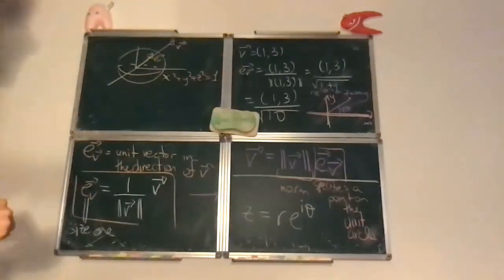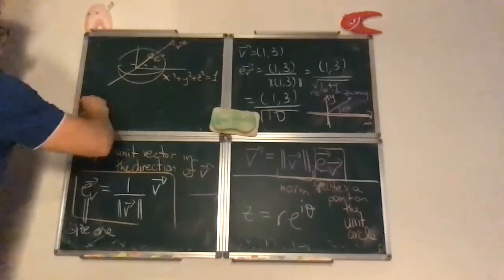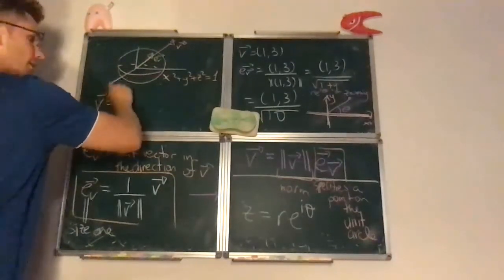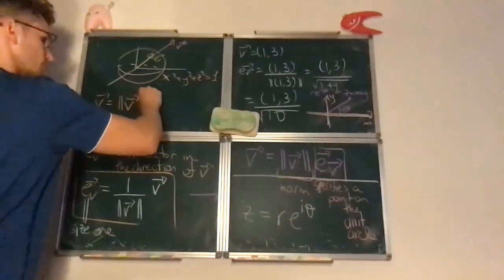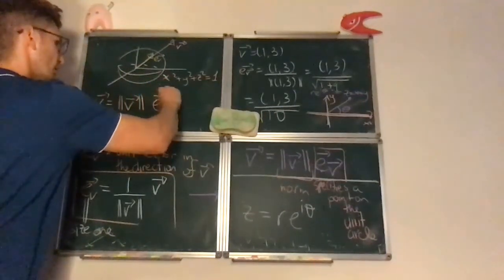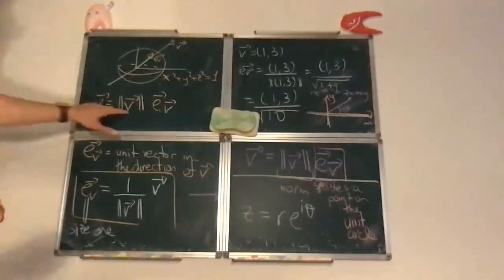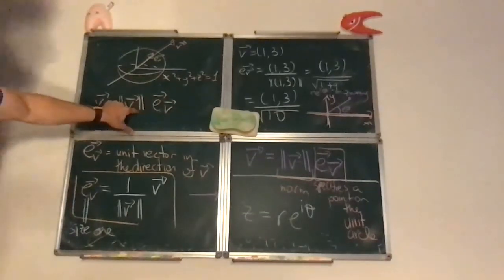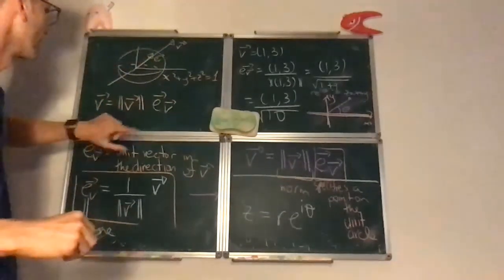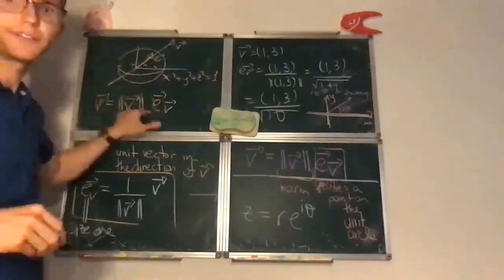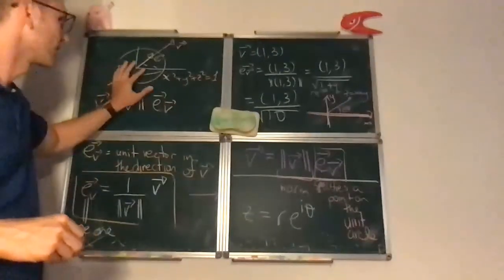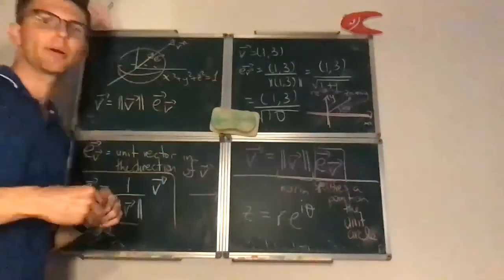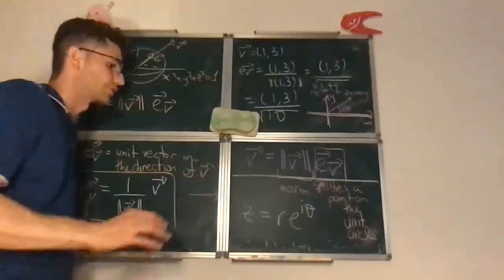The point is that you can still write this formula, where this refers to the radius of this vector, and this refers to a point on the sphere, which is no longer specified by a single angle, but as we'll see later, by two angles.